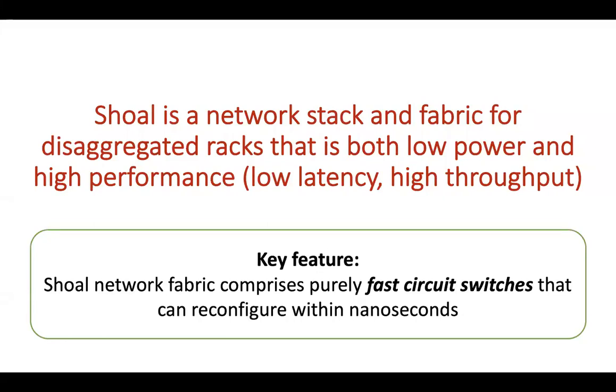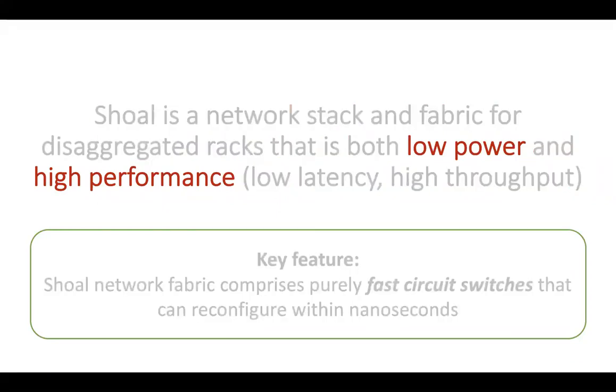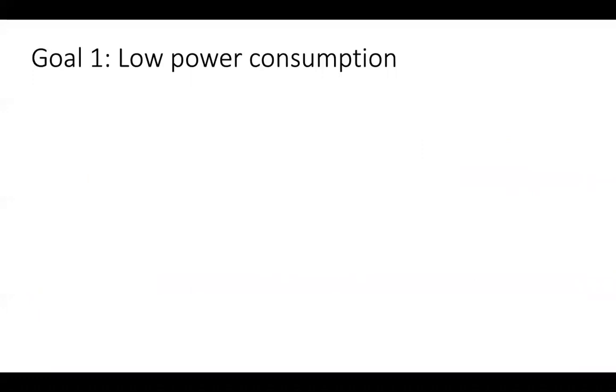So let me now discuss how we can leverage these switches to achieve our goals of low power and high performance. Let's start first with the goal of low power. Shoal's fabric is extremely low power precisely because its building blocks, the circuit switches, are extremely power efficient.